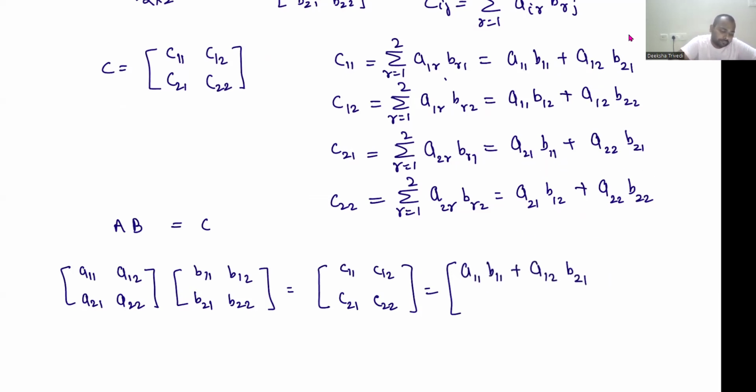A11, B11 plus A12, B21. Now what is C12? A11, can everybody able to see? What is C21?